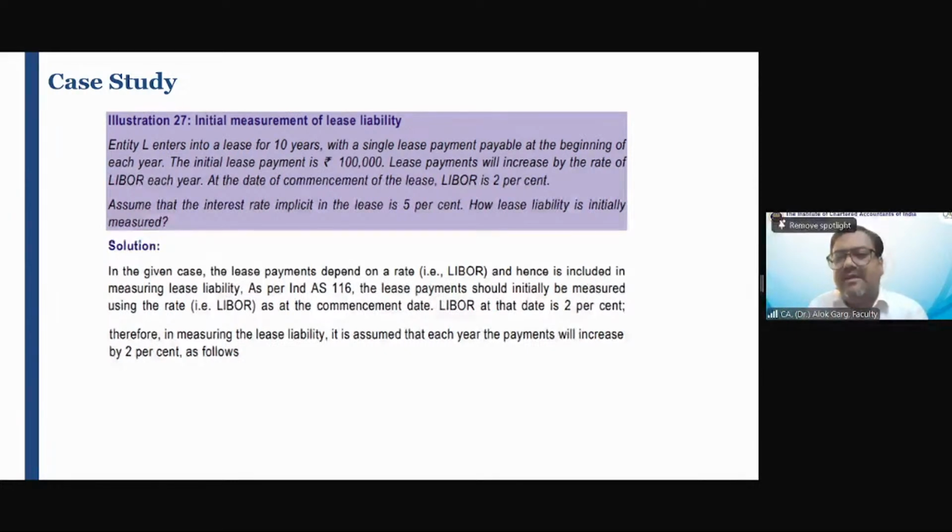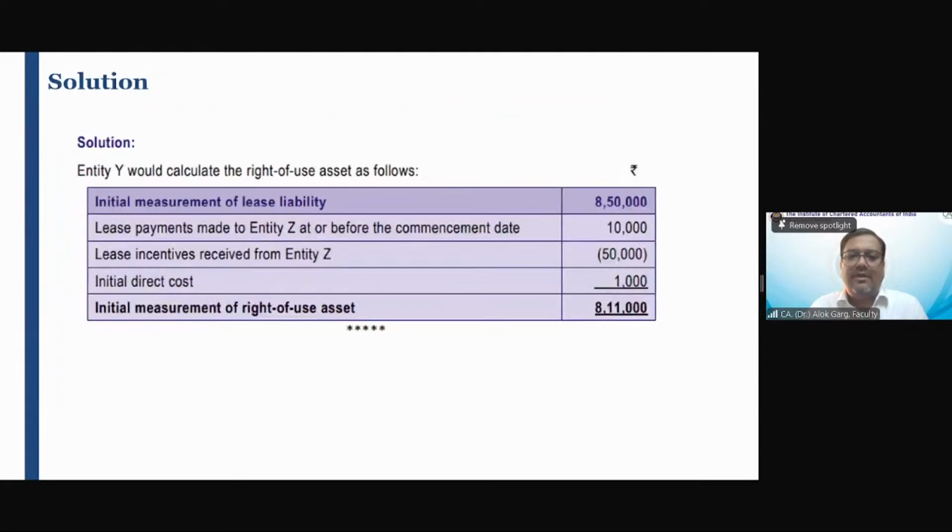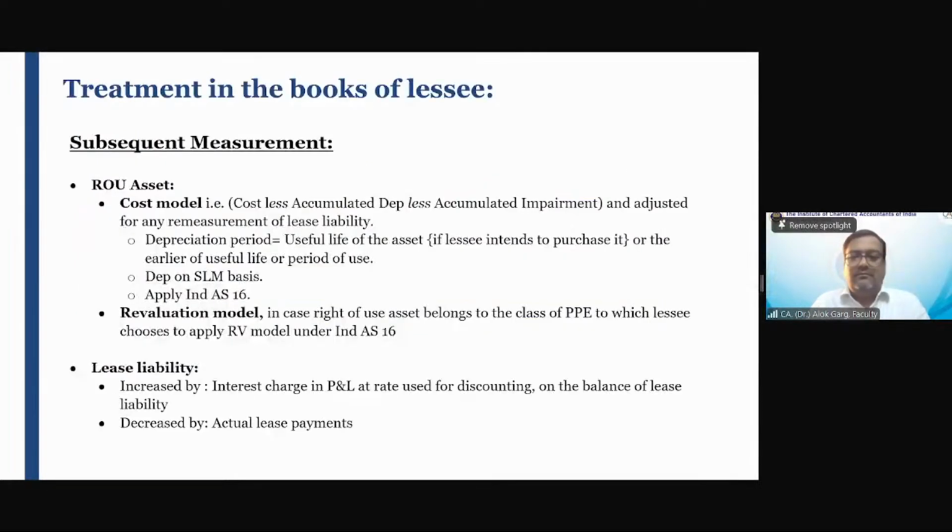Ginny is asking, sir, is my question reaching you? Ginny, what is your question? Can you please repeat? Good morning, sir. Good morning. Sir, actually, I have asked related to the sublease. I have written in the chat box. I think it is not reaching you. What is your question?